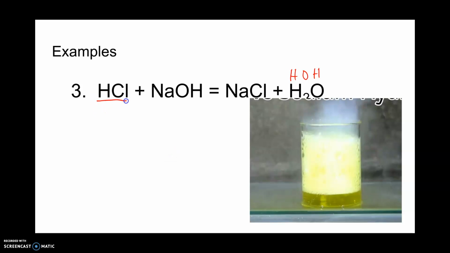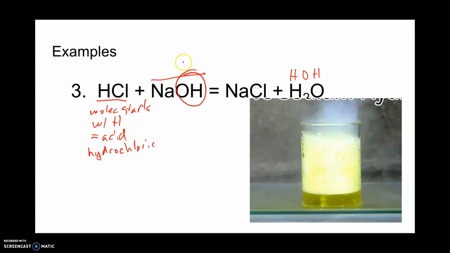You could also look at this and see it's a molecule that starts with H. This tells us that we have an acid. This is hydrochloric acid. The other reactant ends in OH.